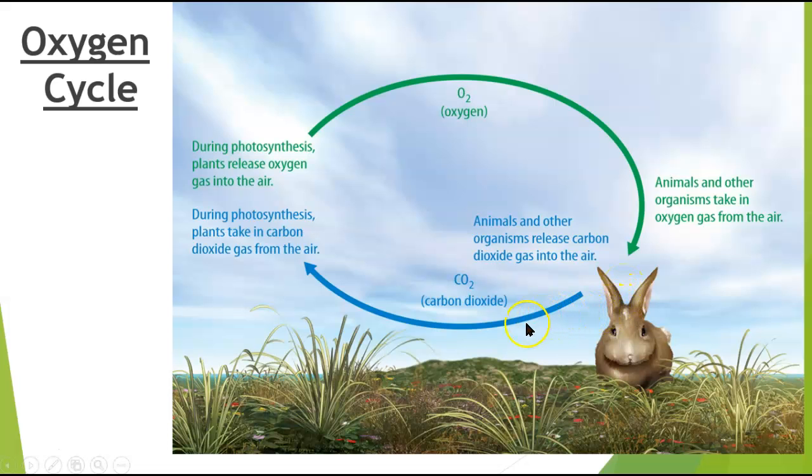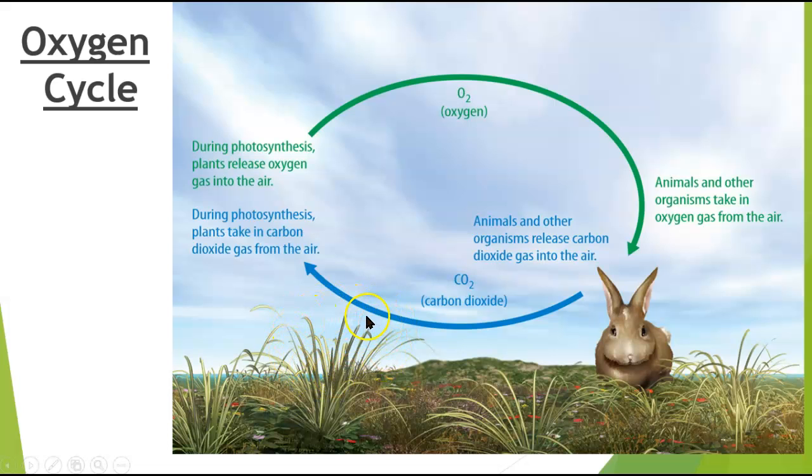We breathe that carbon dioxide out and into the atmosphere. So this blue line here represents the carbon dioxide that we're breathing into the atmosphere. And of course, then those plants take in the carbon dioxide breathed out by this cute little bunny. And now photosynthesis happens all over again.